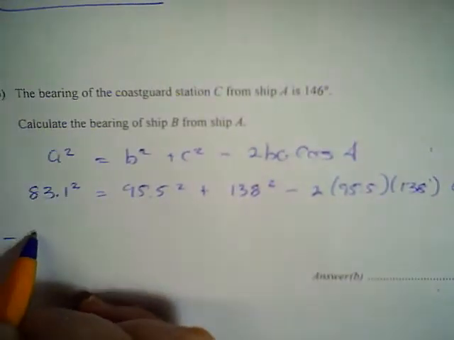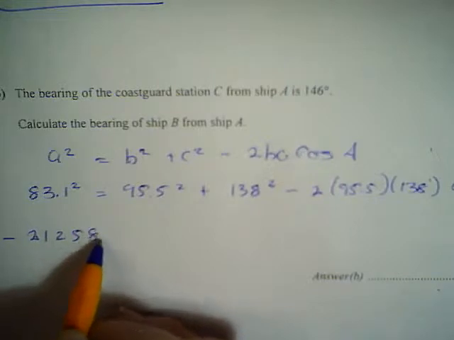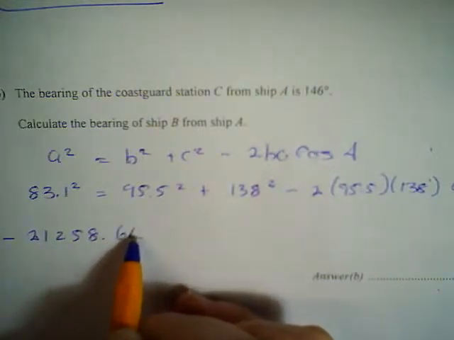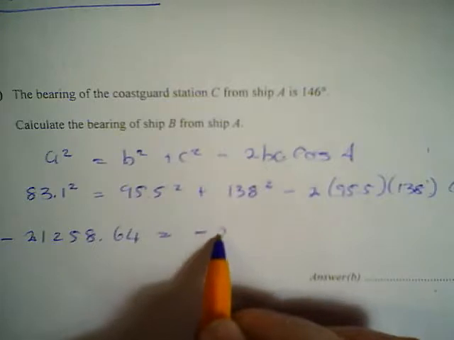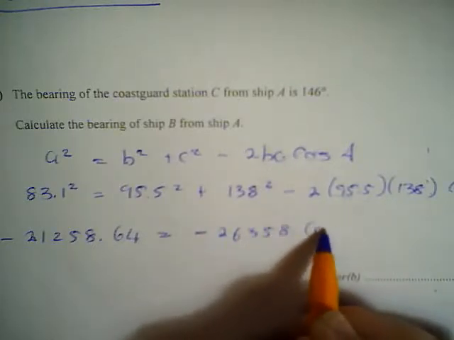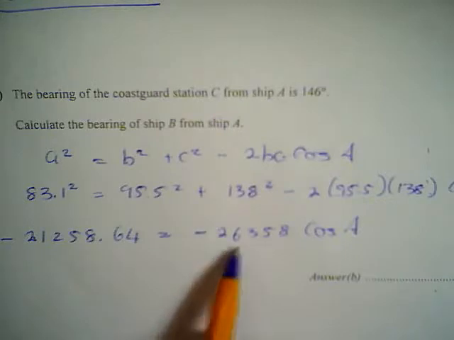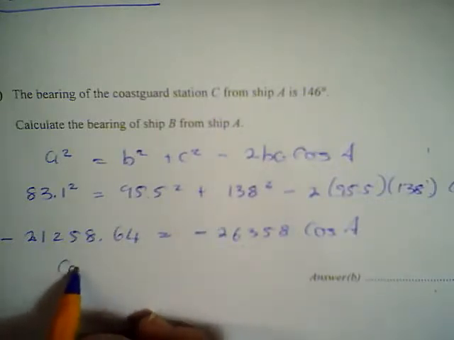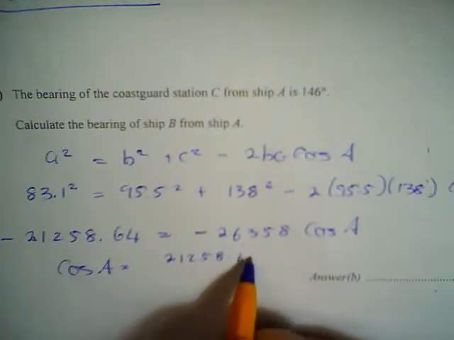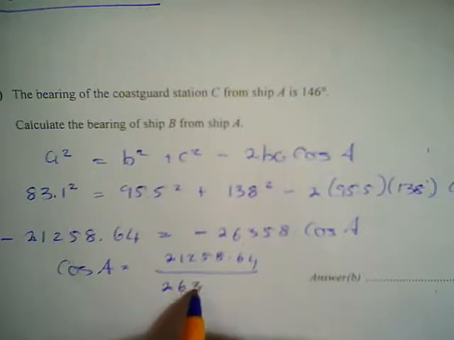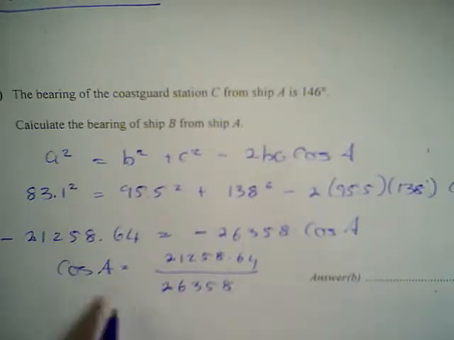So negative 21258.64 equals, okay, now I can multiply this all together, negative 26358 cosine A. Divide by these negative numbers, so I will get cosine A equals 21258.64 divided by 26358, and then find the inverse. Cosine inverse of this whole blob will be A.